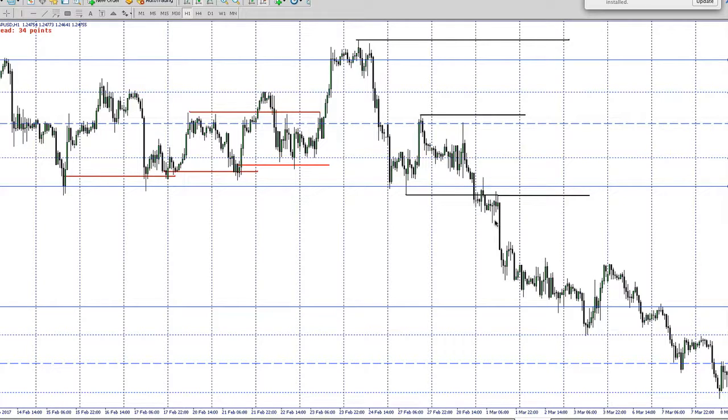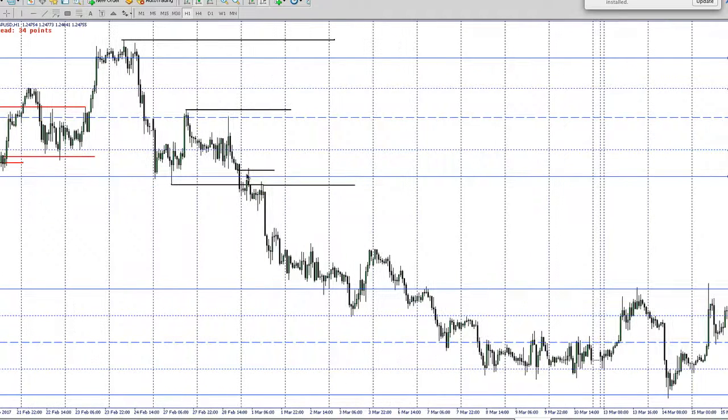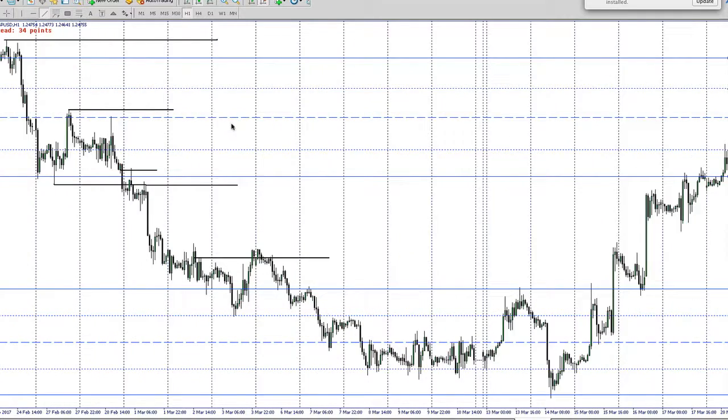As soon as it comes back into it, into an order block as well, then it's properly mitigated and then goes into a trend. In trending markets, you sell order blocks down and buy order blocks up.